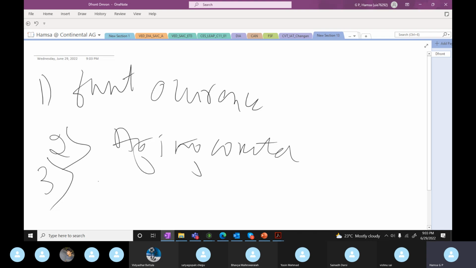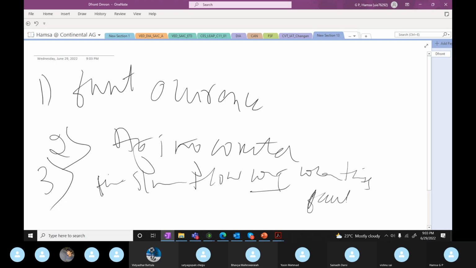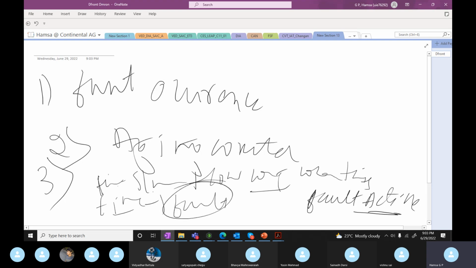The third one is how long the system is running when this fault is active. I will come back to active fault and history fault. There are multiple others, like after how much time the fault has been set in the system.